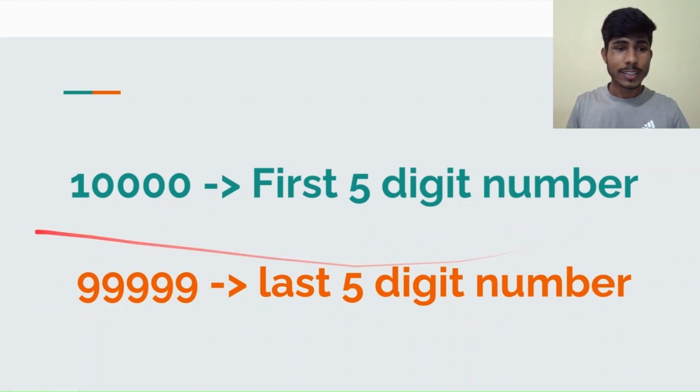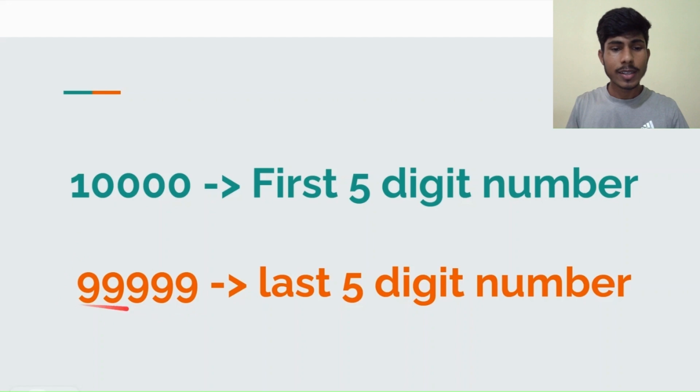That means this is our smallest, and this is our largest 5-digit number. Why? Because numbers from 10,000 to 99,999 keep on increasing. The next number will be 10,001, and 10,002, 10,003, 10,004, 10,005, 10,006, and it will keep on increasing and reach up to 99,999.